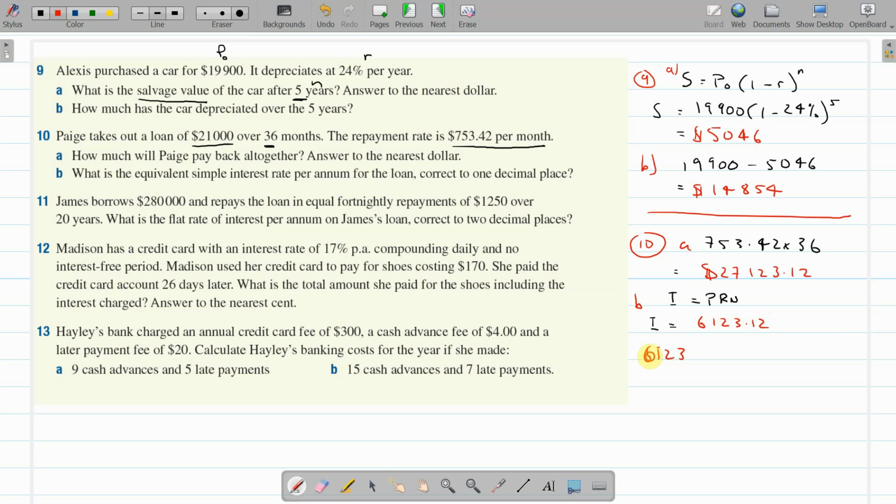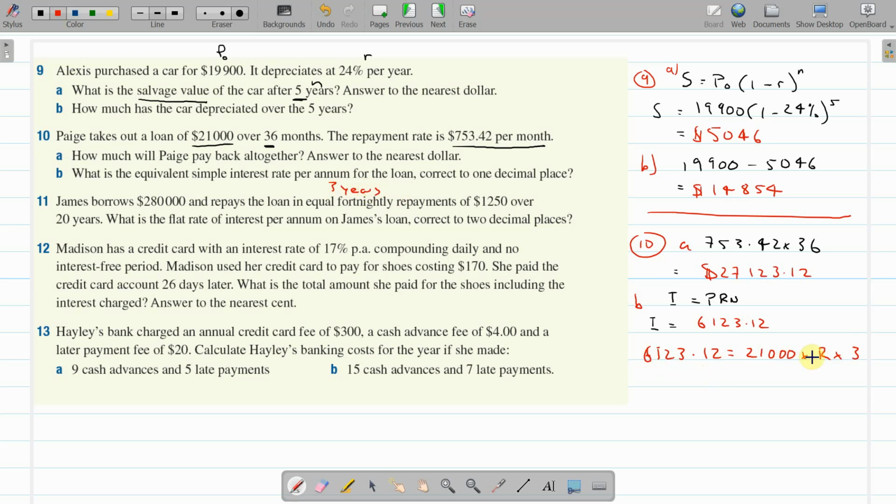Okay, now we can do the simple interest formula. And it's going to take a little bit of manipulating stuff. Principal is 21,000 times the rate, which we're trying to find out, times the number of times per annum. Per annum means 36 months is 3 years. So times 3.